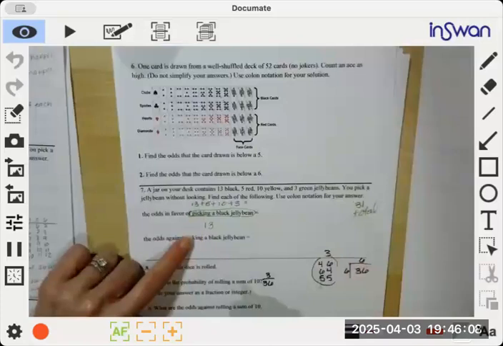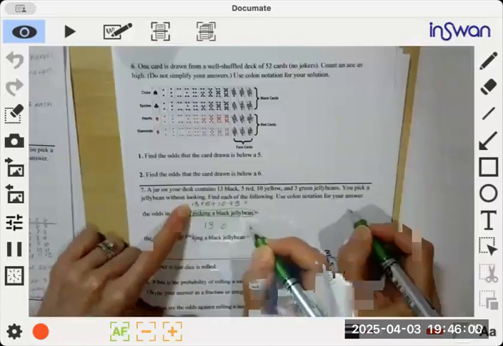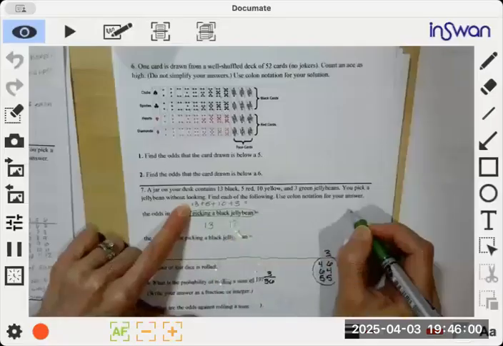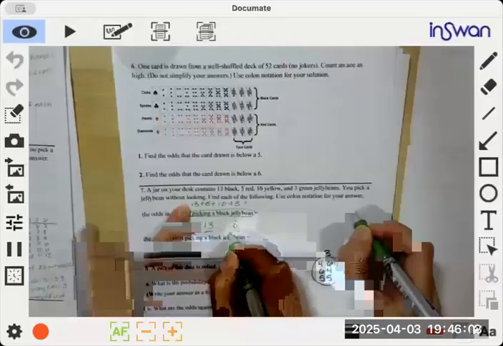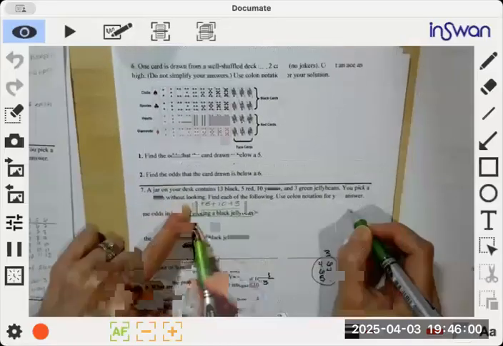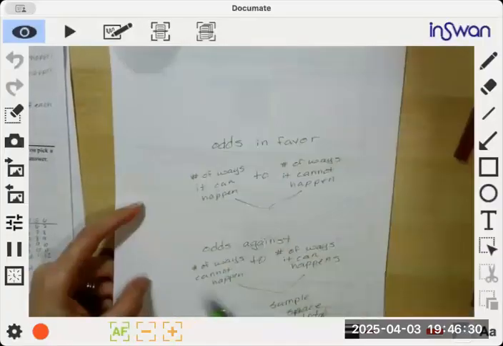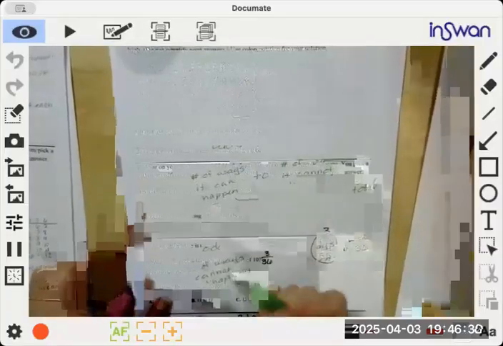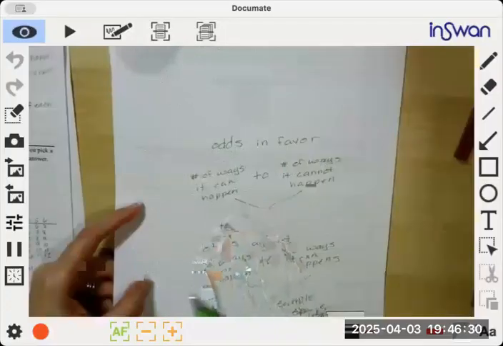So there's 13 ways it can happen to 18 ways it cannot happen. And then the odds against are just backwards. Odds in favor, odds against, it's just backwards. So it's 18 to 13.